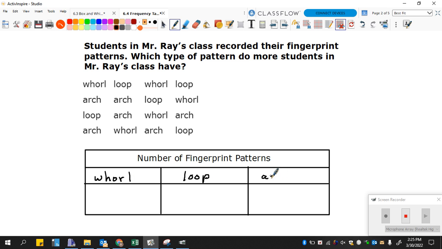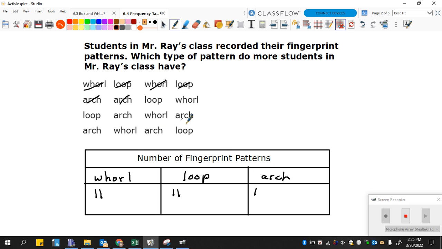All right. Now, all we have to do is go through. So the first one is a whirl. So we just put a tally mark down for whirl, cross it out. Second one is a loop. Put a tally mark in loop. Third one is a whirl. Put another one beside it under whirl. Fourth one is another loop. Okay. Then we have an arch.